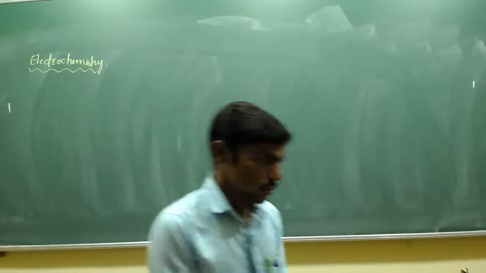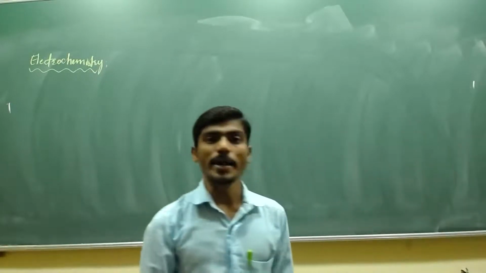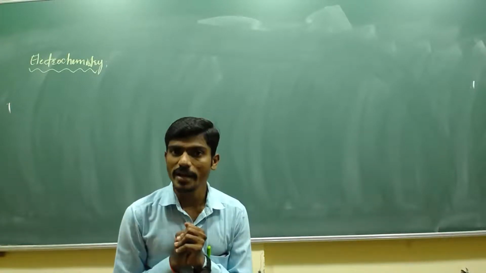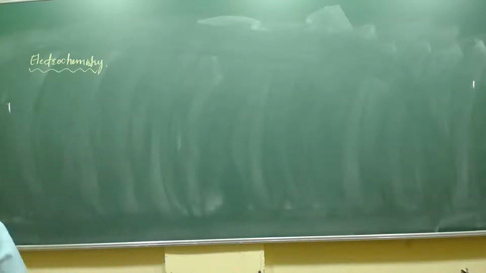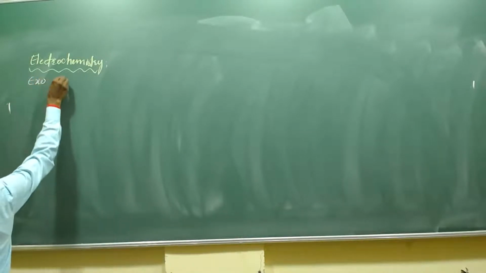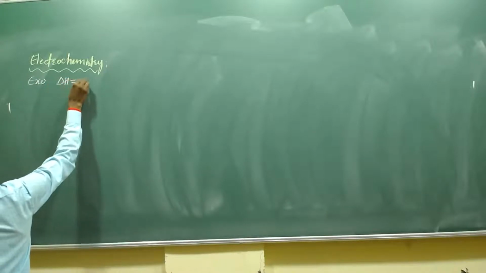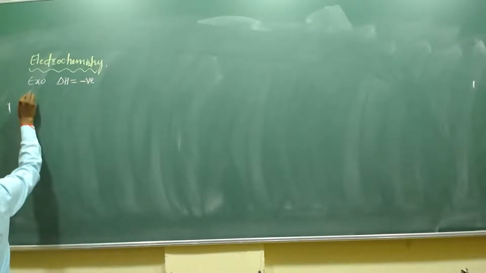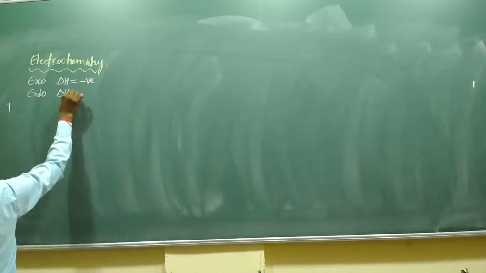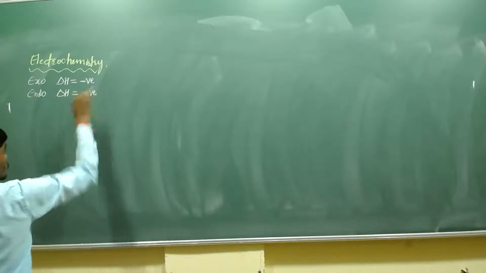Now about exothermic and endothermic, you know that. What is meant by an exothermic reaction? Exothermic means energy is liberated, and delta H is negative. Whereas endothermic means delta H is positive.